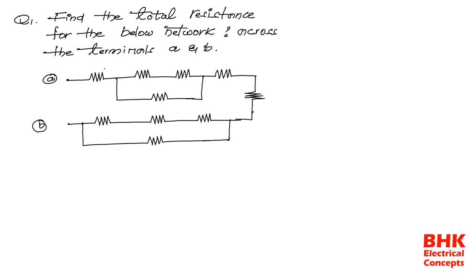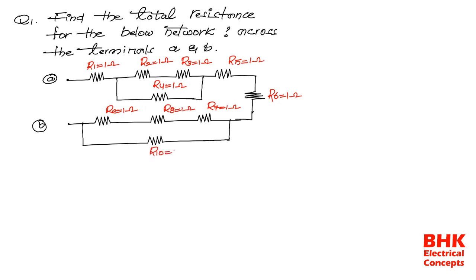Now I'm giving names to all the resistances. The value of resistance R1 is 1 ohm, R2 is equal to 1 ohm, R3 is equal to 1 ohm, R4 is equal to 1 ohm, R5 is equal to 1 ohm, R6 is equal to 1 ohm, R7 is equal to 1 ohm, R8 is equal to 1 ohm, R9 is equal to 1 ohm, and the last resistance R10 is equal to 1 ohm.